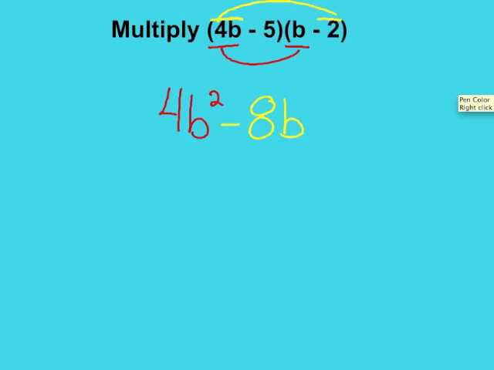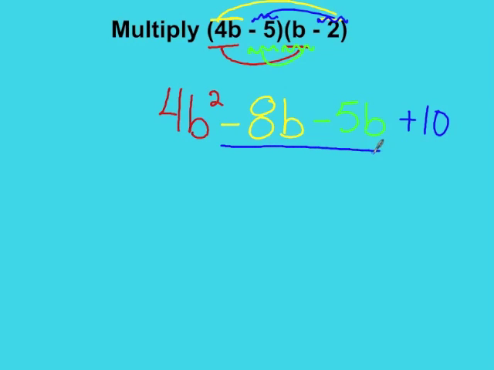Next, FOIL, I'm going to work with the insides. -5 times b would be -5b. And last but not least is the last terms. The -5 times -2 would be +10.